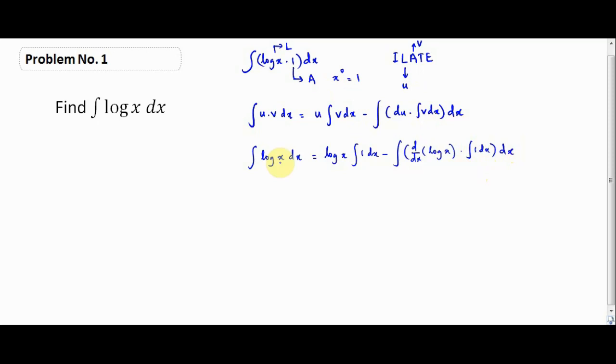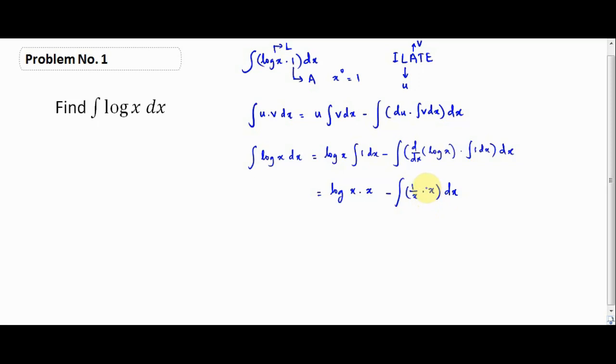Okay, so this will be equal to log x into integral of 1 dx will be x, so log x into x minus integral of d by dx of log x will be 1 by x, so 1 by x into integral of 1 dx, that will be equal to 1, so 1 by x into x dx.